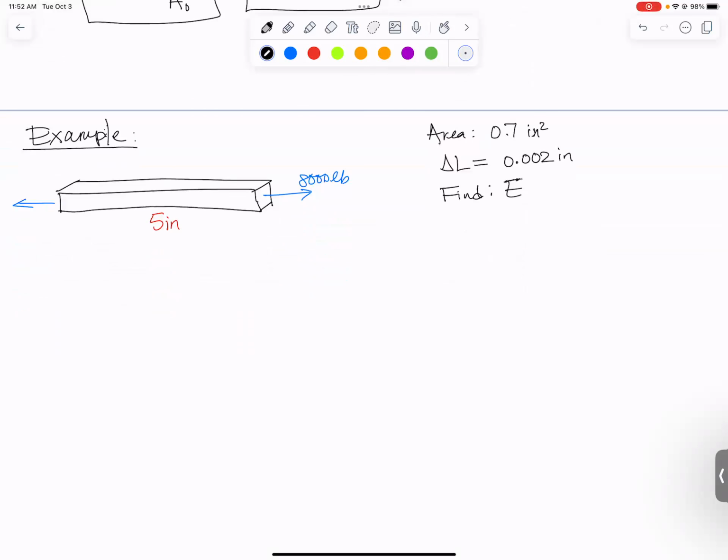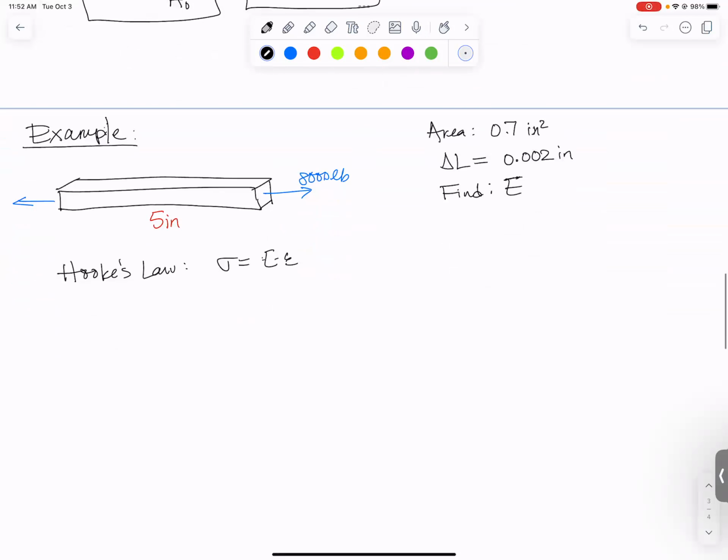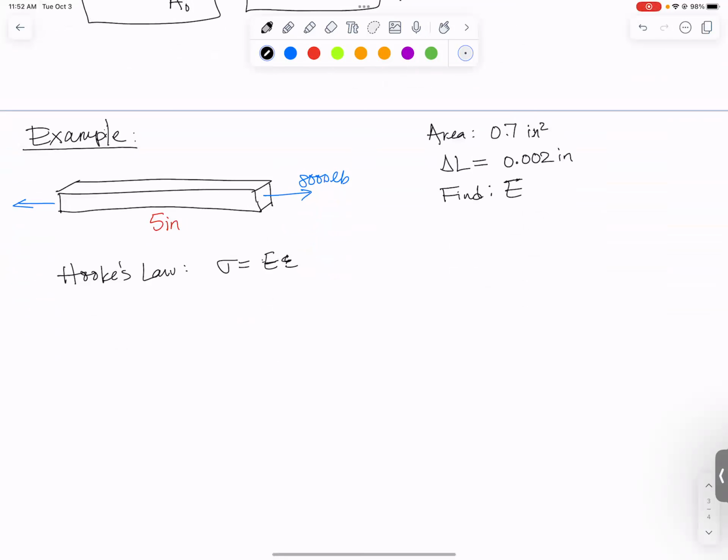So I'm probably at the end of the problem going to need to use Hooke's law, which says that sigma equals E epsilon. Or if we rearrange that, E is equal to sigma divided by epsilon. So we'll use that equation, but first I need to find stress and find strain. So stress.